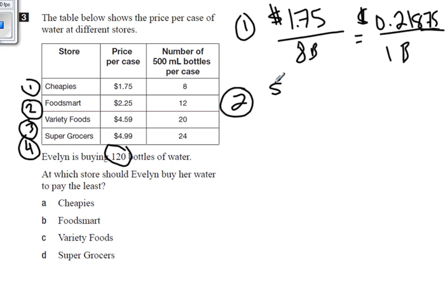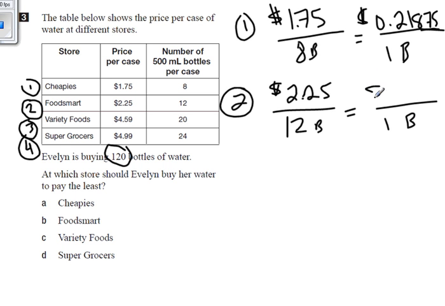The second store, $2.25 for 12 bottles. So what is the cost for one bottle? It's a division question. $2.25 divided by 12 is a bit more than 18 cents. So almost 19 cents actually.